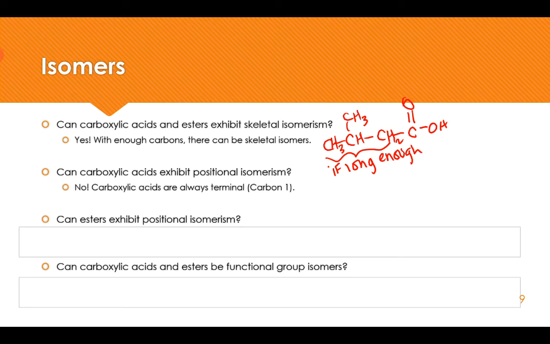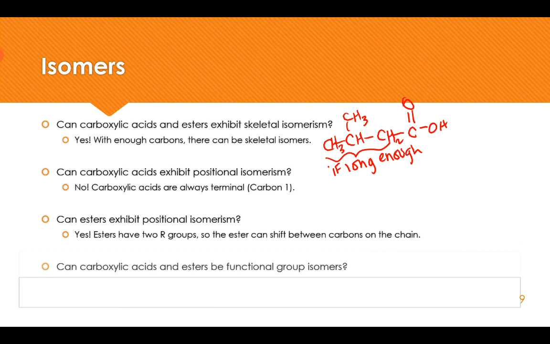What about esters? Can esters exhibit positional isomerism? Yes. So the location of that ester group can appear to shift in your molecule.